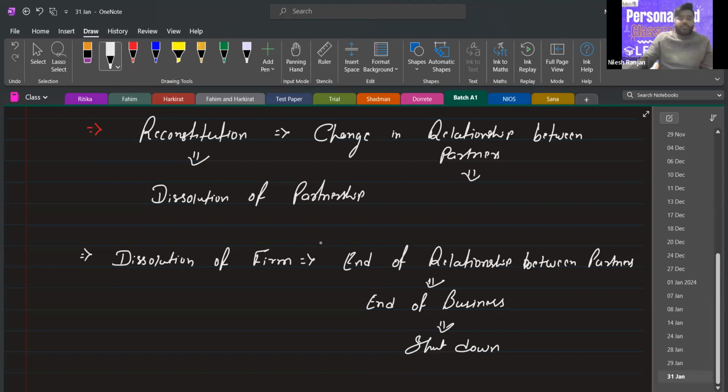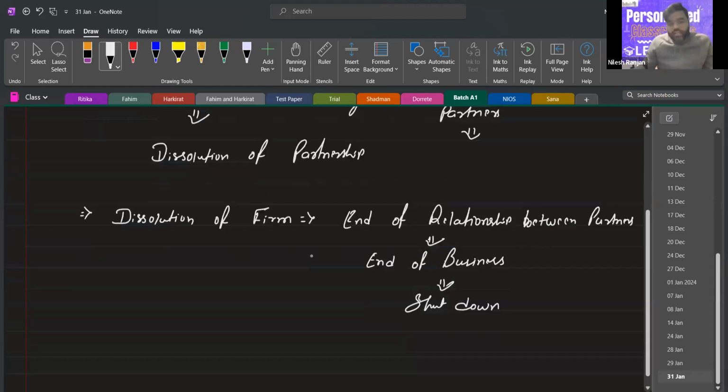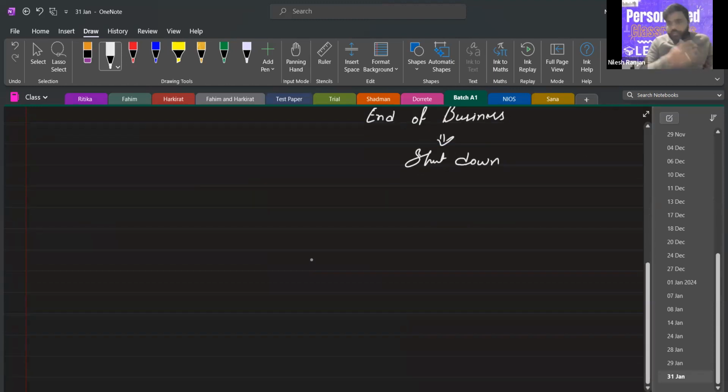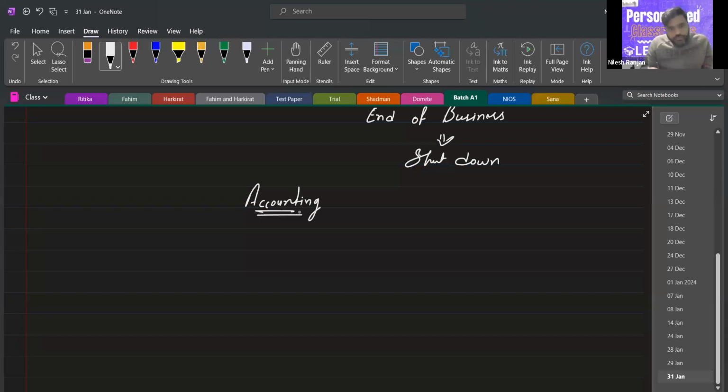Now, if we are closing our business, we are shutting down our business, what accounting will we do at the time of dissolution?